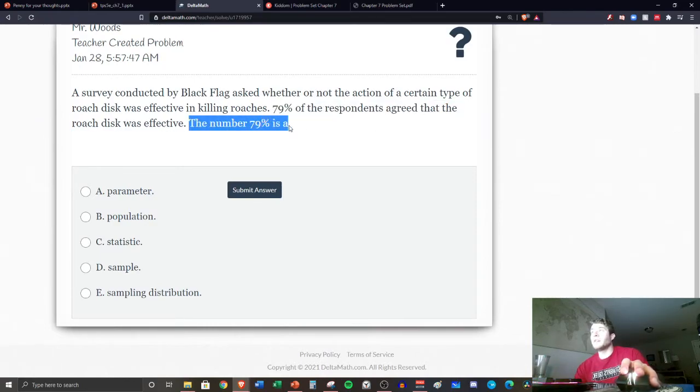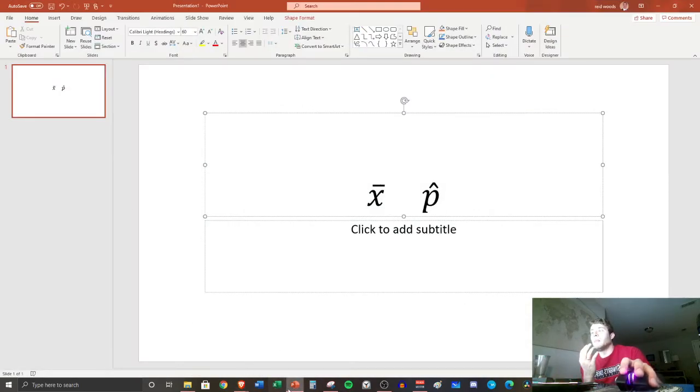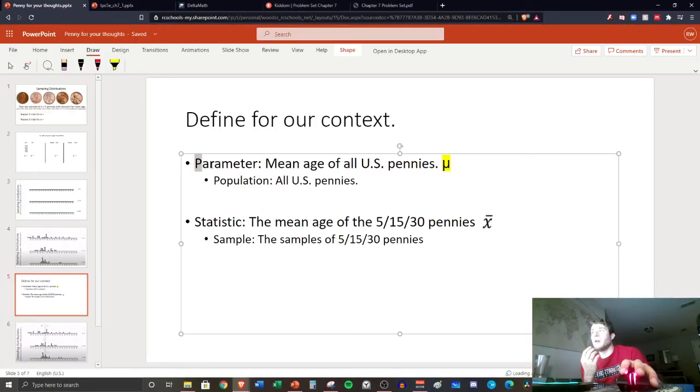It says the number 79% is a what? Okay, so what we want to do is list out, just like we did on this slide here, all of these parts. That's what we want to know. So we're going to do that on Delta Math, and we're going to talk through the situation.